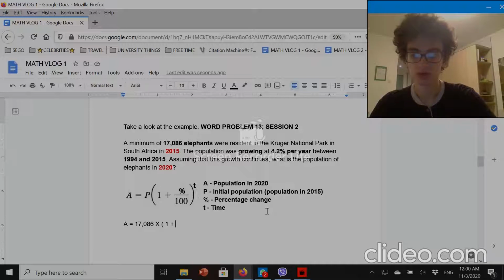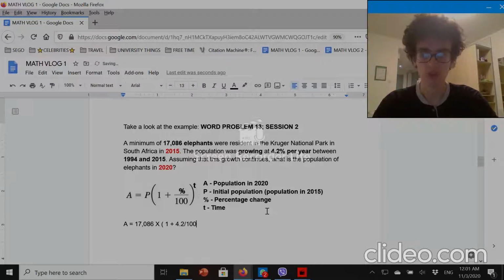So 4.2 divided by 100, which is already in our initial formula. And this sign, by the way, is just for powers, because I can't type power on this one. And as I said, power time, population in 2020.